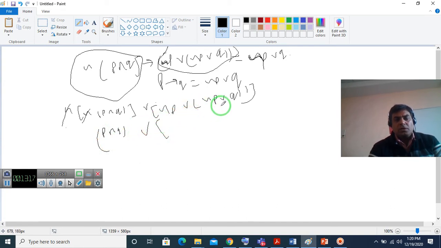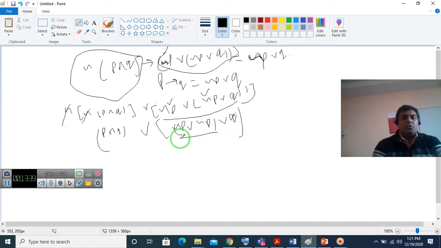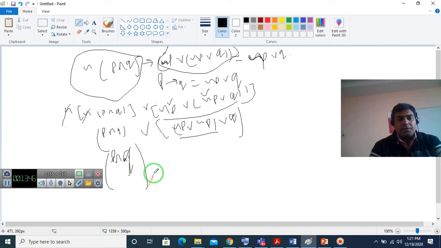We should apply the associative law, so this and this become the same value: negation of p disjunction, negation of p or disjunction with q. It becomes only negation of p, it becomes p conditional q and disjunction, negation of p or disjunction with q.